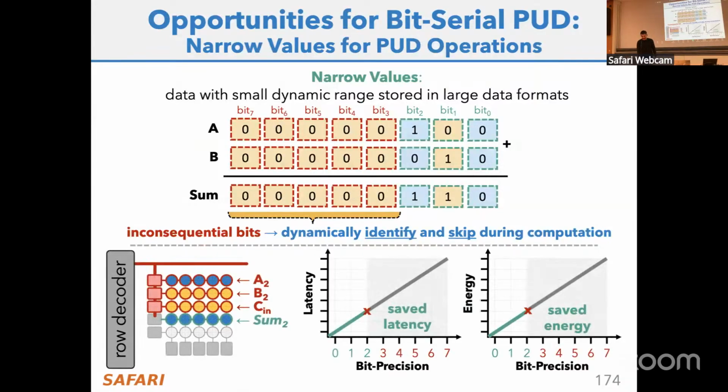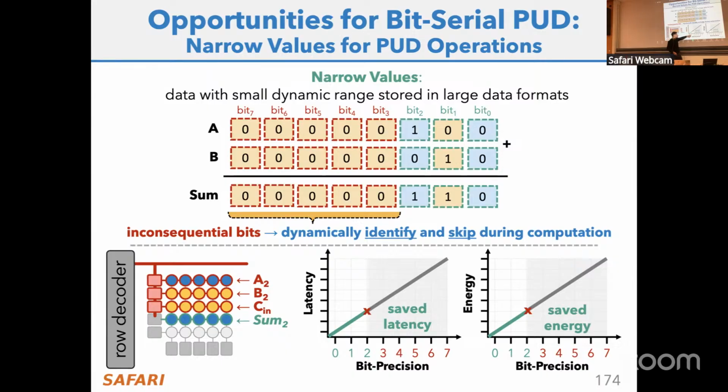What this allows you to do is, if I can know prior to issuing those in-DRAM row activations what is the precision of the operation, I can stop the sequence of in-DRAM operations that I'm issuing before reaching those inconsequential bits here. So I can terminate the computation earlier, basically.